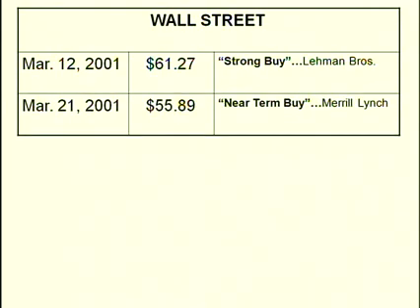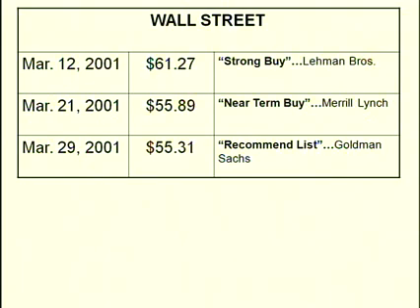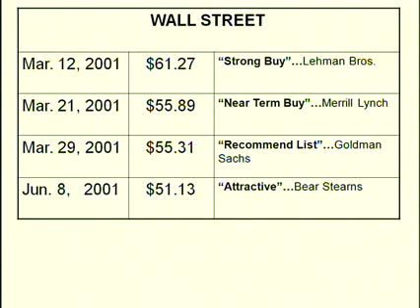On March 21st, Merrill Lynch said it's a near-term buy. It's $55 a share. On March 29th, Goldman Sachs said, we recommend this thing at $55 a share. On June 8th, Bear Stearns said this baby's attractive at $51 a share. By the way, what could I have bought it for March the 12th? $61. So I'm down to 51, but that's okay.